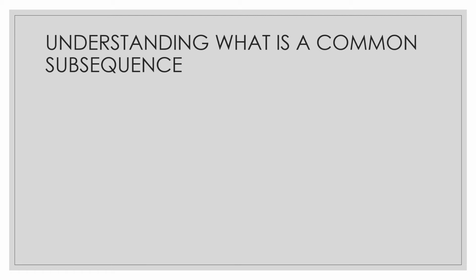Now that we have clearly understood what a subsequence is, it's time to understand what a common subsequence is, because this is one of the most important concepts we have to learn in order to understand the problem further.